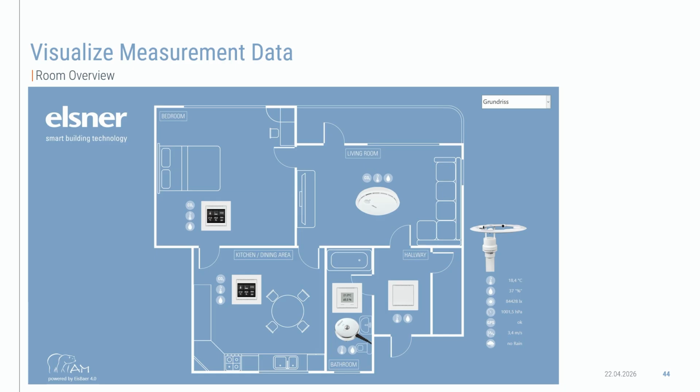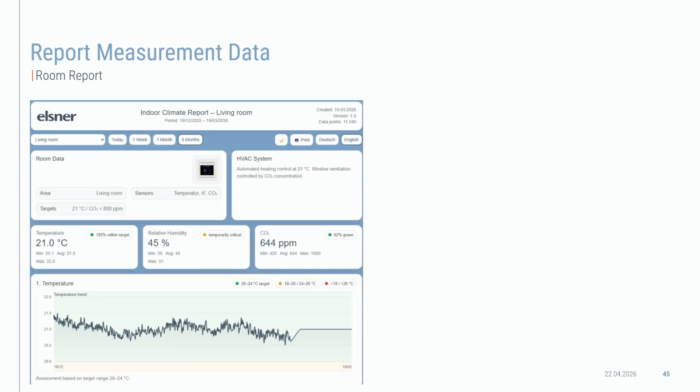And with this data and with the recording, you can create a report, which you see in the picture. You can export it as a PDF, or you can use this as an overview. At the top of the report you see the room, in this case the living room, and a chart of the temperature we had in the living room for a special period.